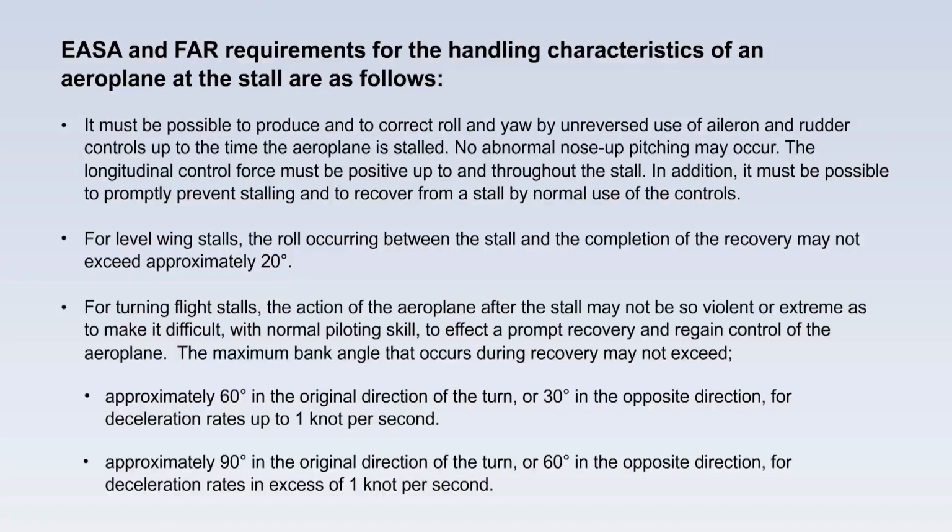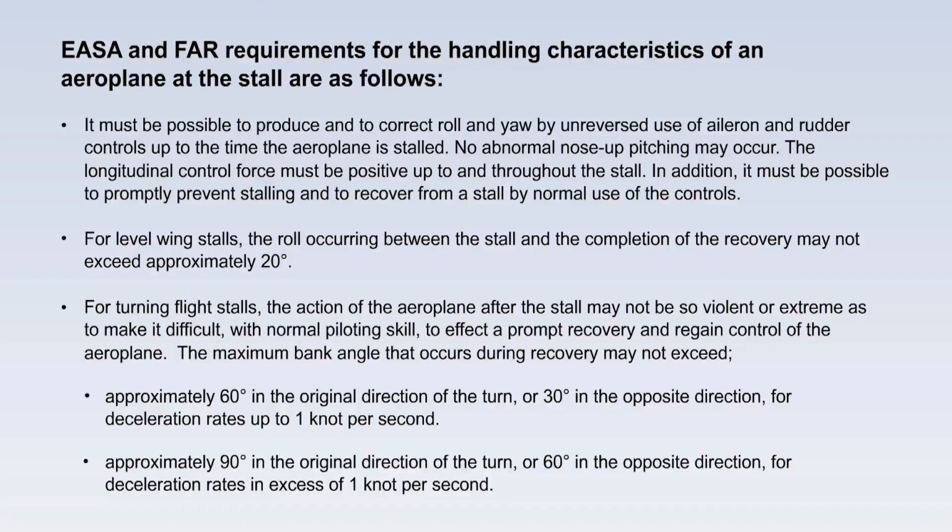The rules for a stall in the turn are a bit more complex, as a wing drop or roll at the stall is potentially more likely. The action of the aeroplane after the stall may not be so violent or extreme as to make it difficult, with normal piloting skill, to effect a prompt recovery and regain control of the aeroplane.